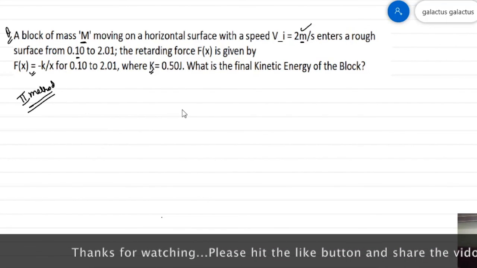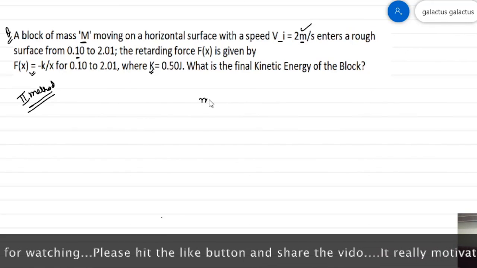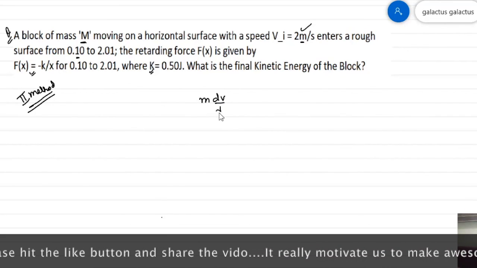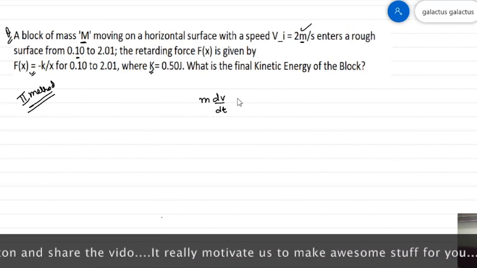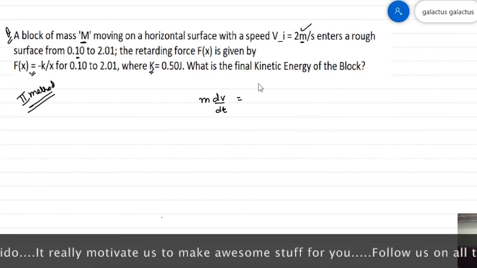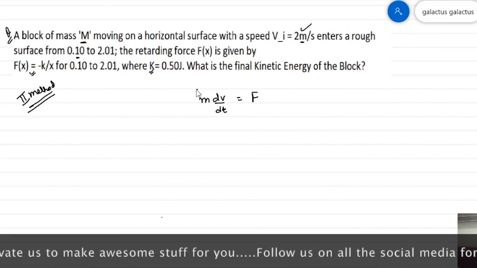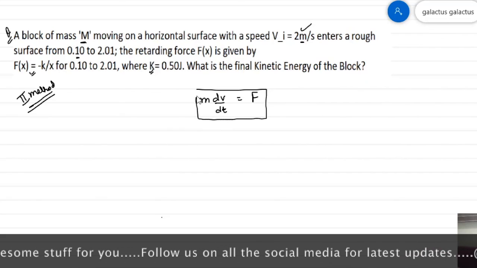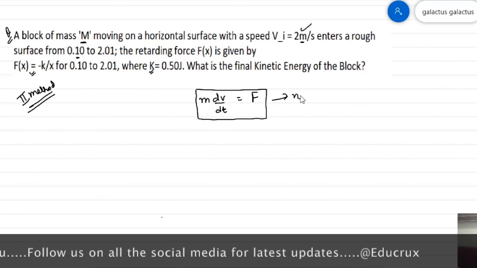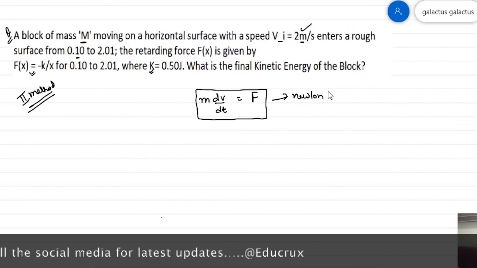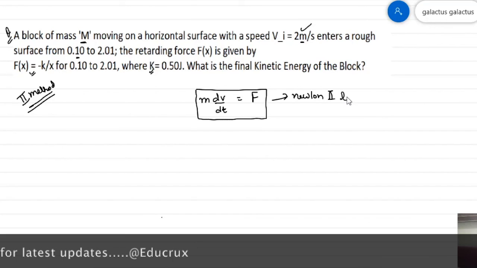From Newton's laws of motion, we are given that m dv by dt is equal to F. So this is our Newton's second law.